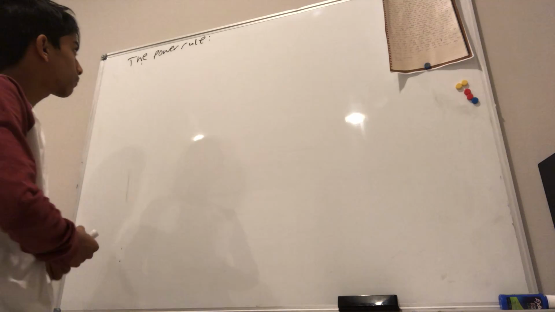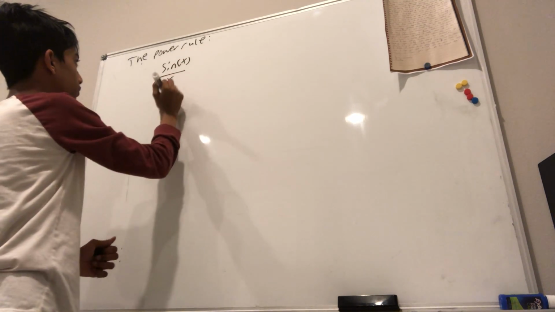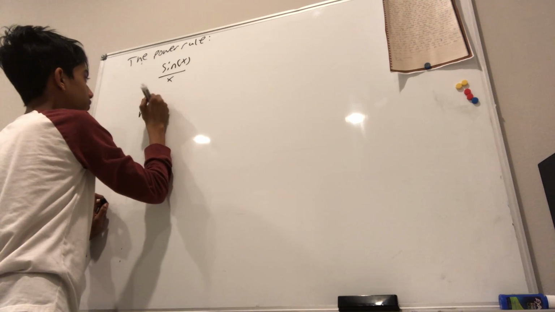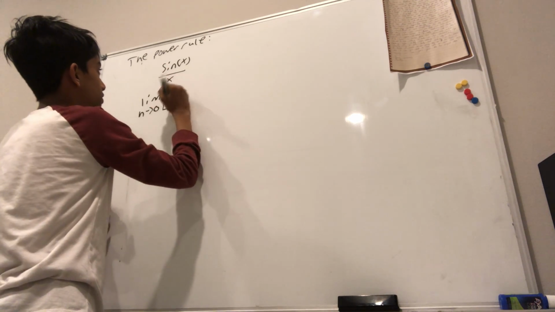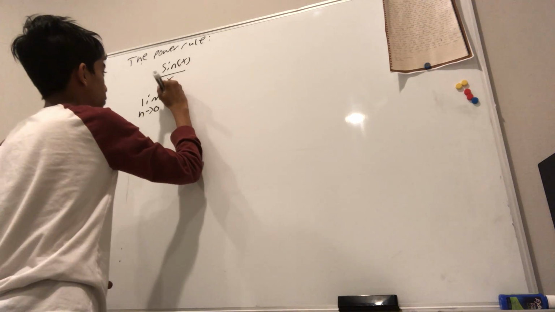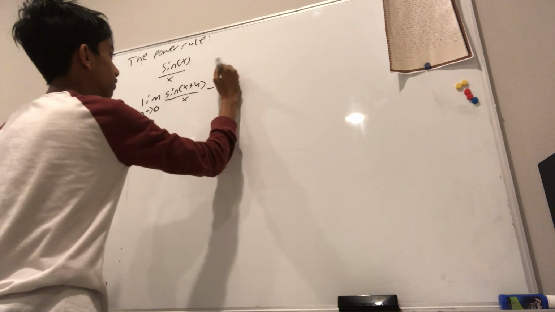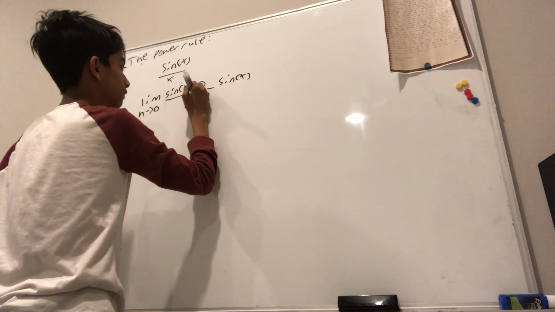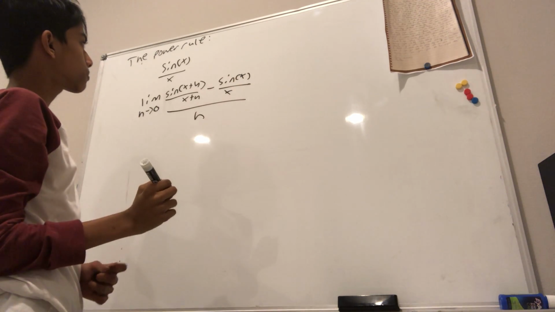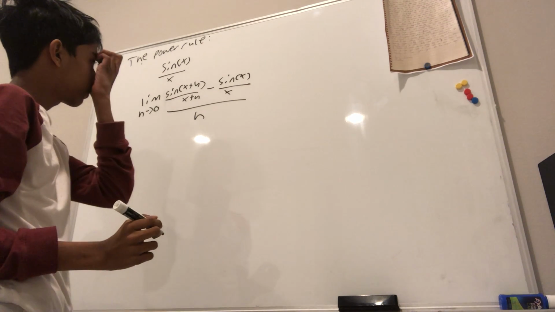Because let's say we have, I don't know, sine of x over x. What if we were to just use the definition of the derivative and take the limit as h goes to 0, which would be sine of x plus h over x minus sine of x over h, which seems a bit hard if you ask me, because it's not too easy to do.